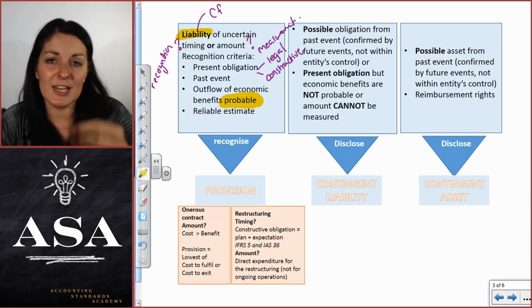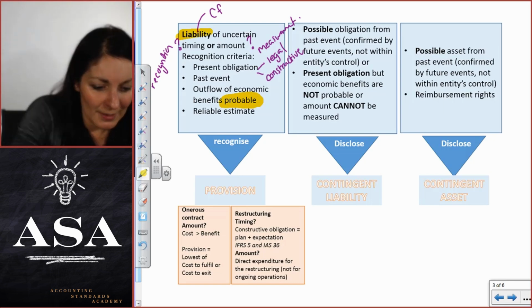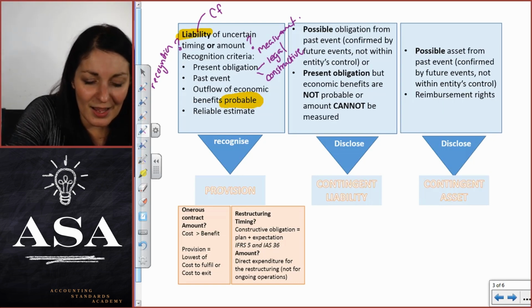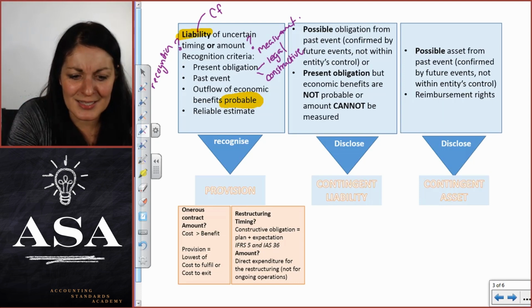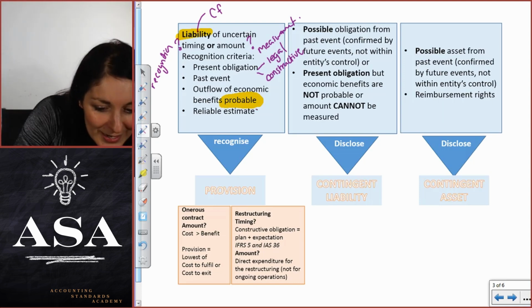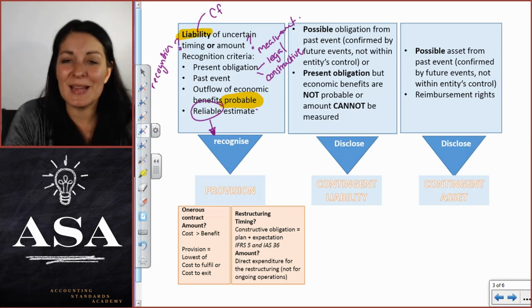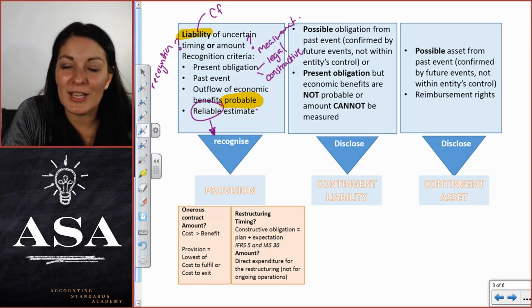Okay, and then obviously a reliable estimate should be made. Now, this could seem to be a paradox because we said that there's uncertainty about the amount, and then suddenly we say there should be a reliable estimate. But remember, this reliable estimate simply means that to your best knowledge, to your best judgment, you can estimate this amount.